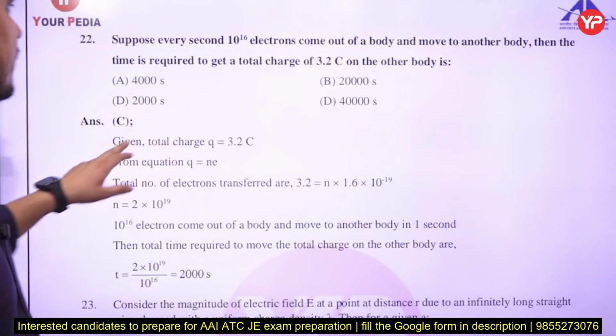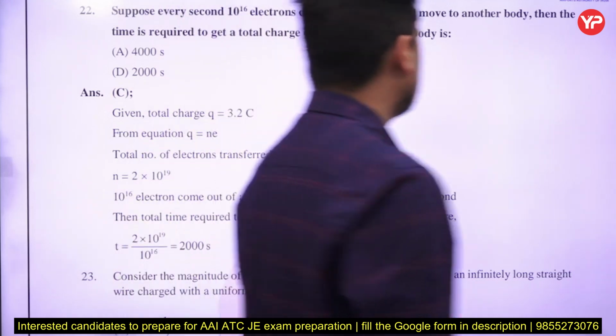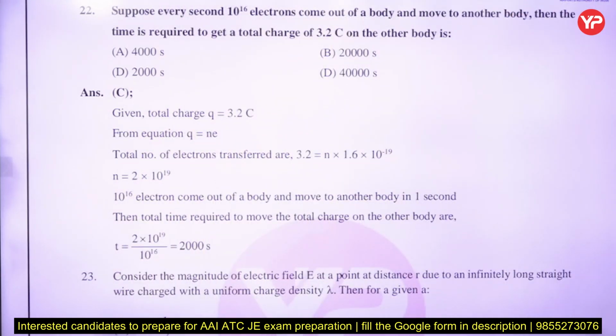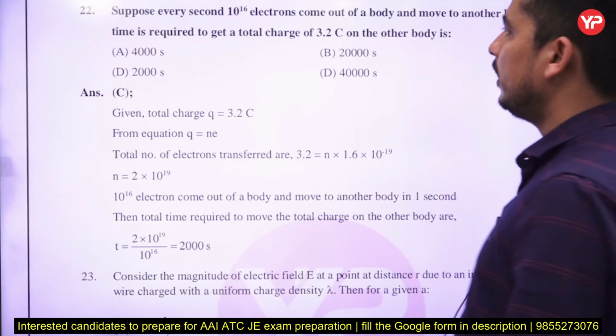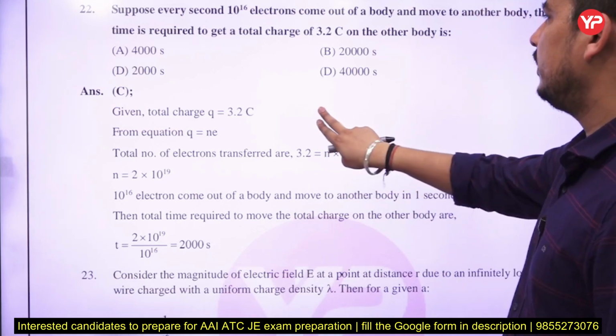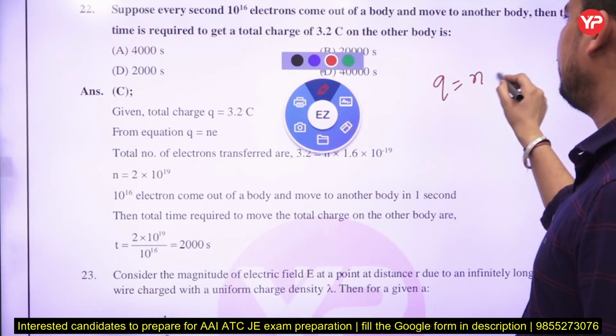angle, right? Suppose every second 10 raised to power 16 electrons come out from a body and move to another body. That many electrons are coming from the first body and going to the other body. Then the time required to get a total charge of 3.2 coulombs: basically whenever we calculate the charge, Q is equal to N e.